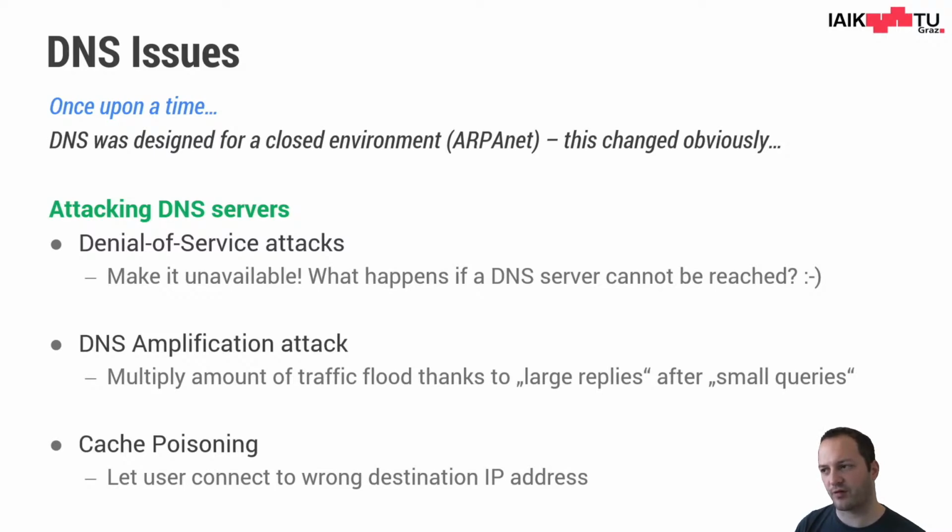In other words, attackers sent a tiny query to a DNS server. The response was large, but it didn't reach the person who queried it, but it went to another website. I'm going to show this in an example now. Or, as I already said, it can be that the user connects to a wrong destination IP address.